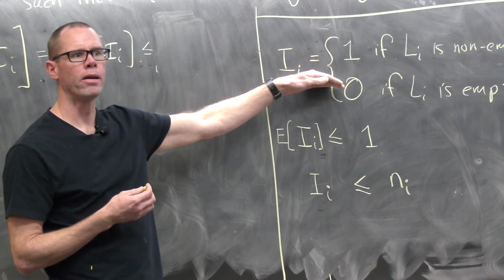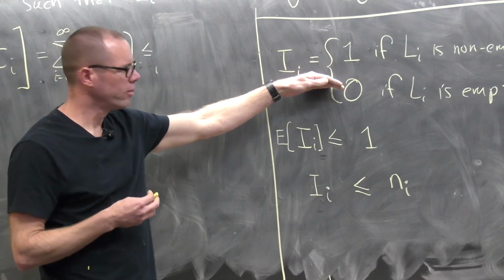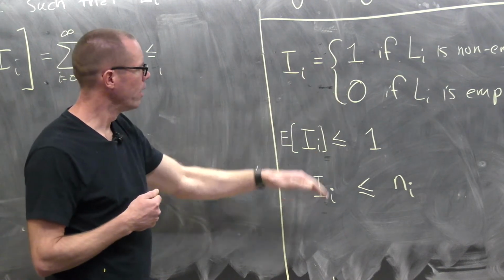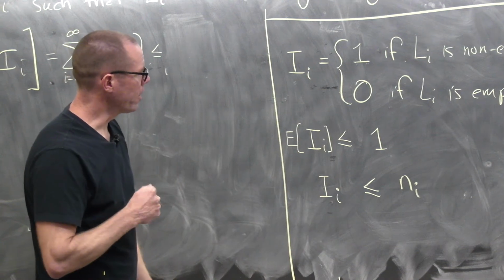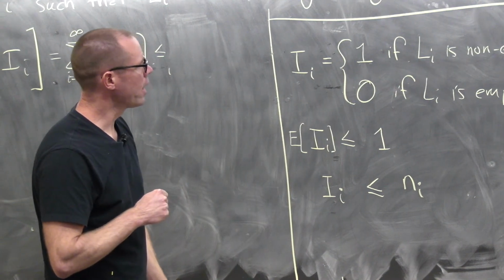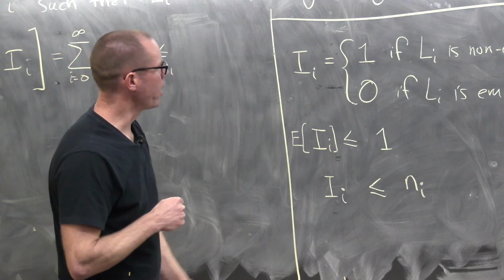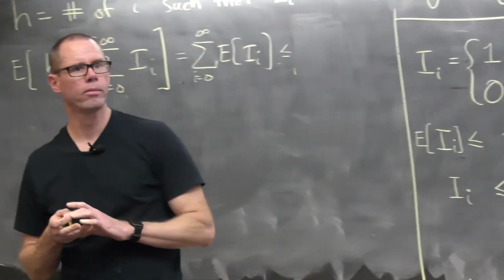What's n sub I then? 0. If the list is empty, it has 0 elements in it. So it's true in this case. And if the list is not empty, that means it has at least one element. So n sub I is bigger than or equal to I sub I in that case as well. Agreed?